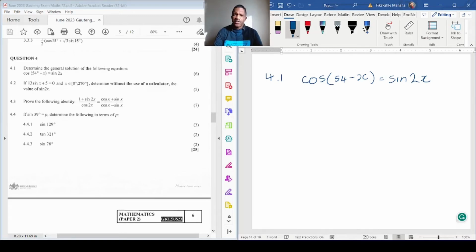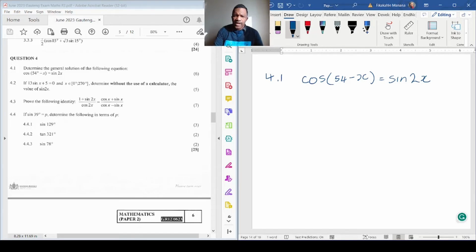Okay, and in order to do that, it's either we change this sine to become a cos, or we change this cos to become a sine. Every time you see a sine and a cos, remember there's a relationship between sine and cos. That is through co-ratios.